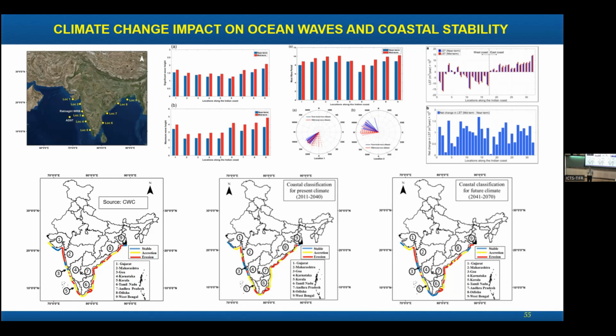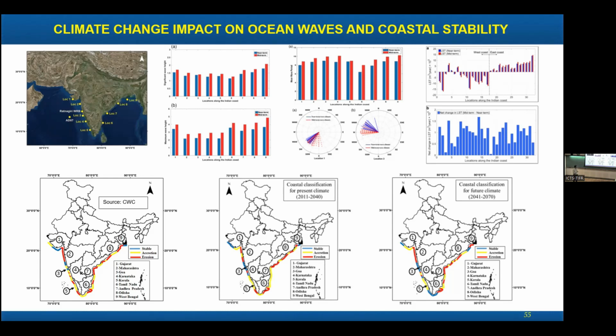So that is what we try to analyze: how it is changing the wave characteristics, the longshore sediment characteristics, and the coastal profiles or coastal stability. Looking at that, we started analyzing the coastal stability. This plot shows the longshore sediment transport for different locations.